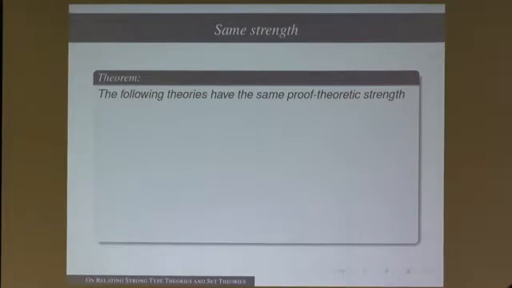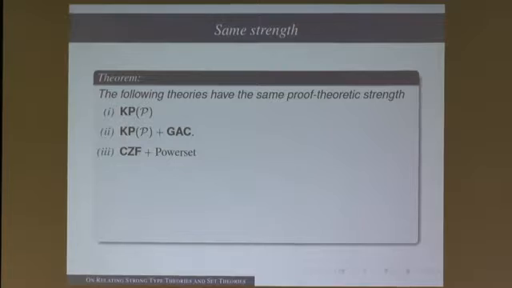So now the same strengths, what do we have? Well, power Kripke-Platek set theory is of the same strength as certain other things. You can add GAC, which stands for global choice, so you have a global choice function.